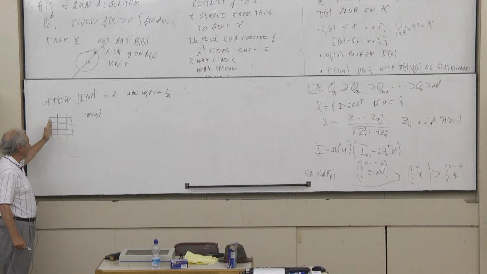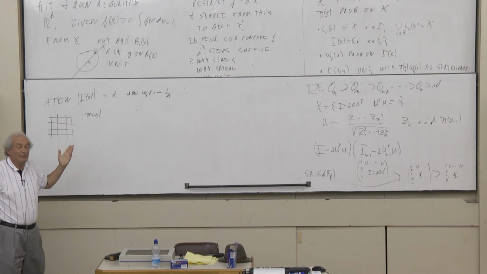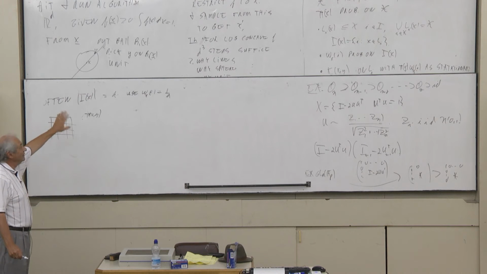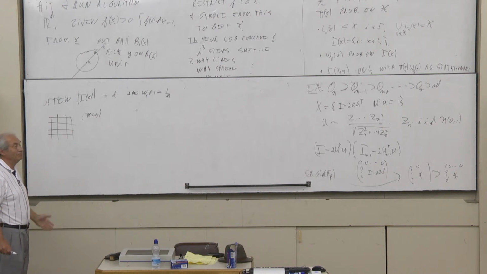I pick one of them at random, say this one, and then I sample from pi restricted to that line. That's called the Gibbs sampler or Glauber dynamics. It's a very, very familiar idea, so that's a very, very special case of this algorithm. But as you'll see in a second, there are more interesting cases. There's nothing wrong with this case. It's maybe one of the most widely used tools in scientific computation.